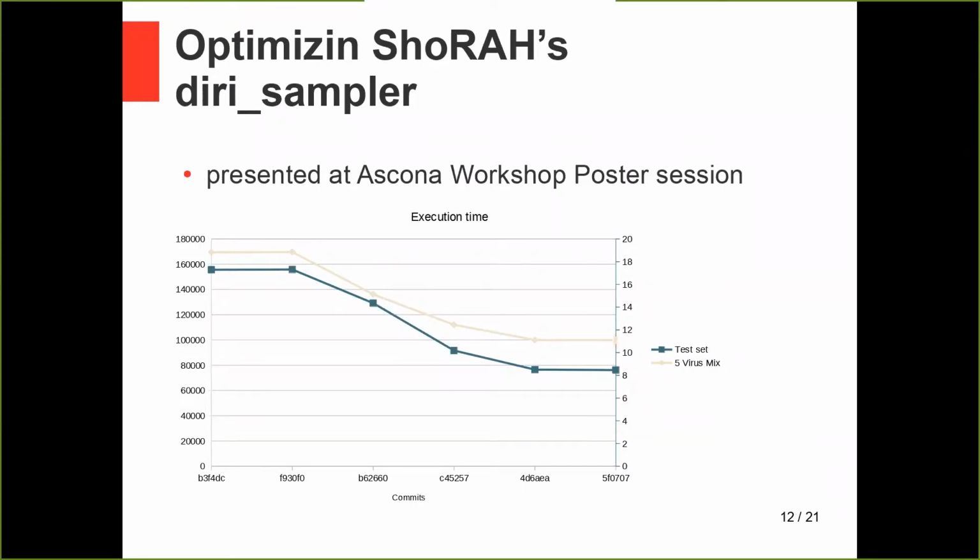So a little bit about the optimization that went into Shora, most likely the Diri sampler step. For those of you who were present at the Ascona workshop, I actually presented the optimizations on one of our posters.